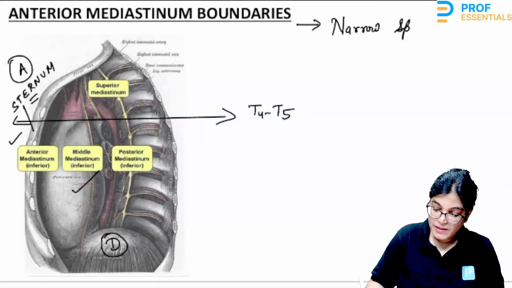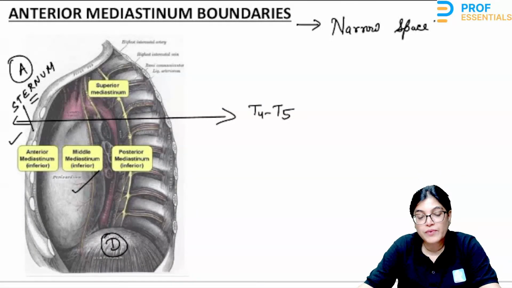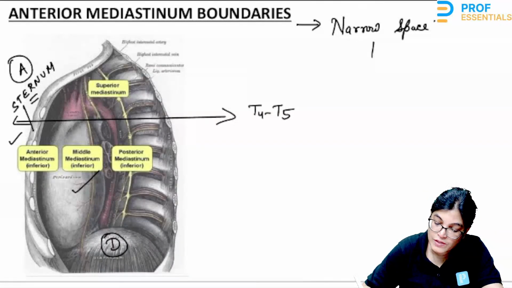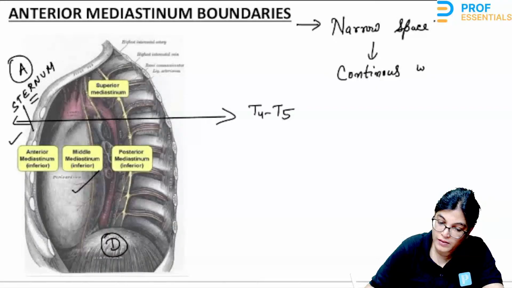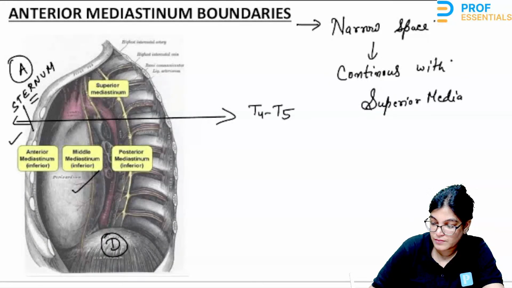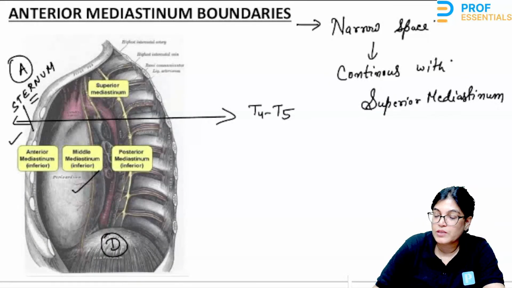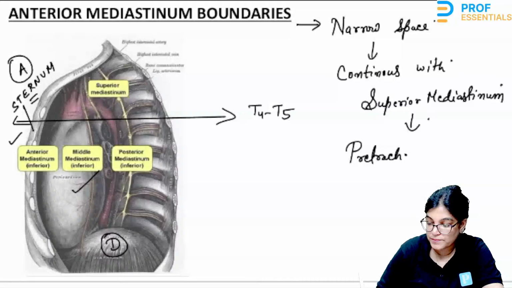And this narrow space of the anterior mediastinum is continuous with the superior mediastinum, and because of that continuation, it is also continuous with the pretracheal spaces of the neck.